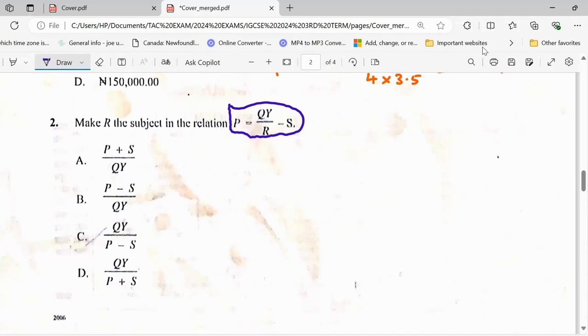So from here, we are going to multiply both sides by R. First, you have P equals QY over R minus S. So when you multiply both sides by R, say multiply through by R.